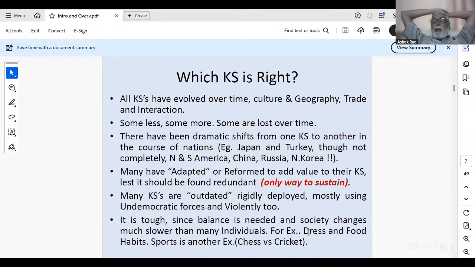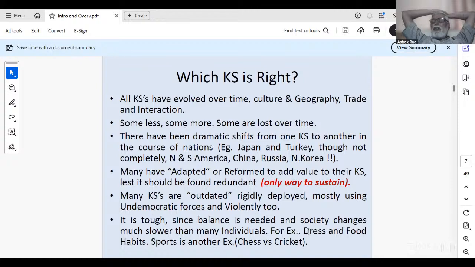Many have adapted or reformed to add value to their knowledge system, lest it should be found redundant. See, the only way a knowledge system is valuable, and people use it voluntarily and willingly, is if it allows people to make changes. If it is not allowed, then a lot of issues happen.